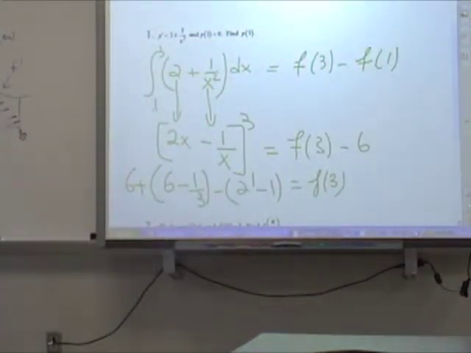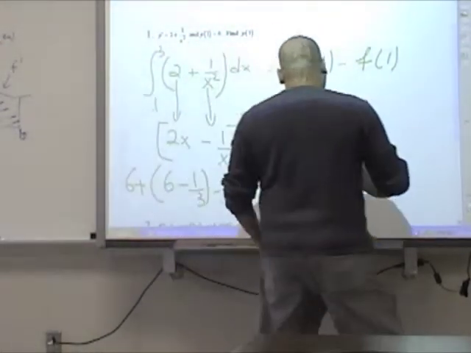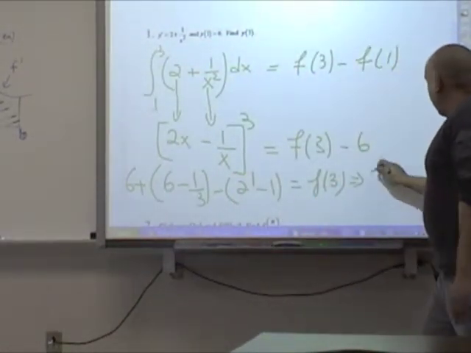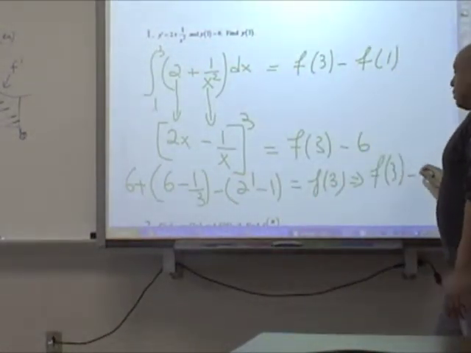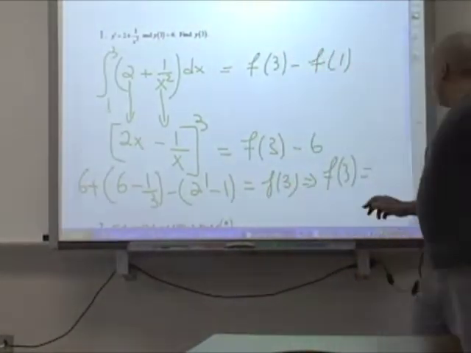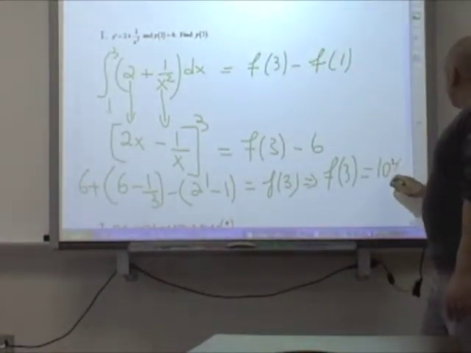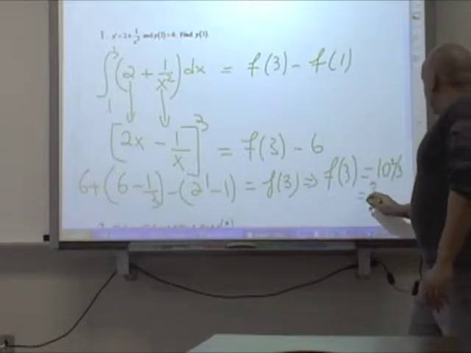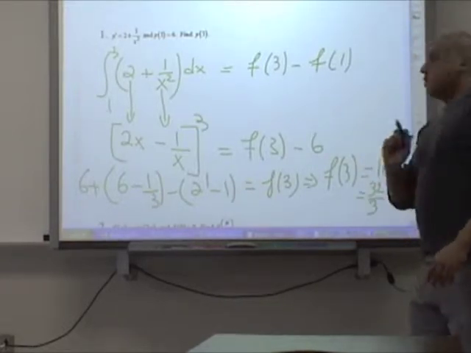So after calculating the left side, this will give me f of 3. It would equal 10 and 2/3, or 32 over 3.